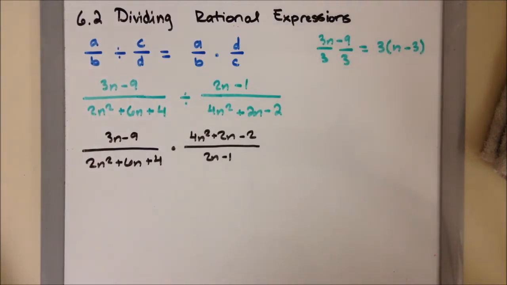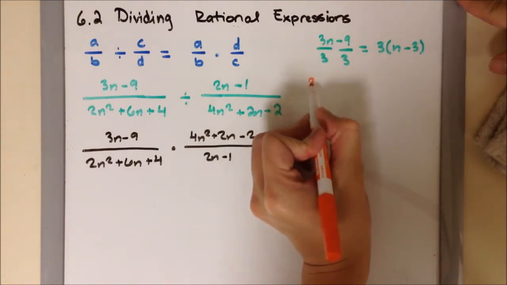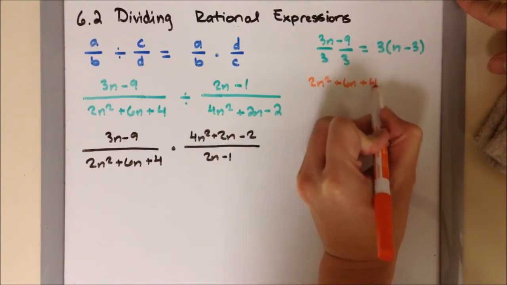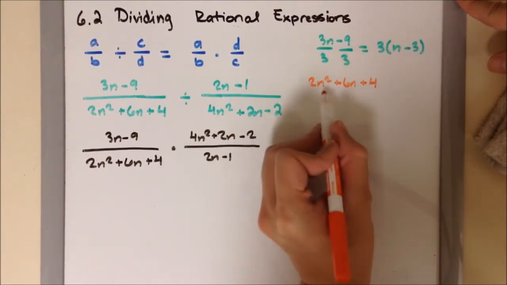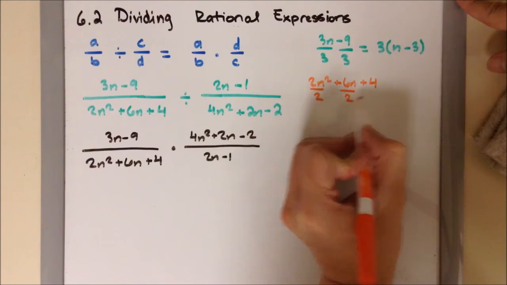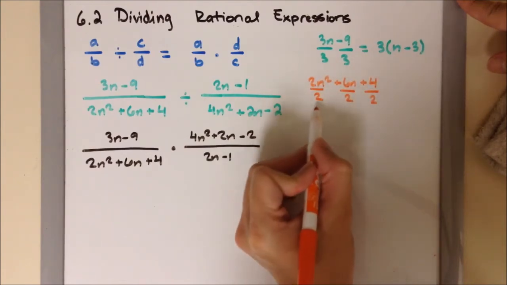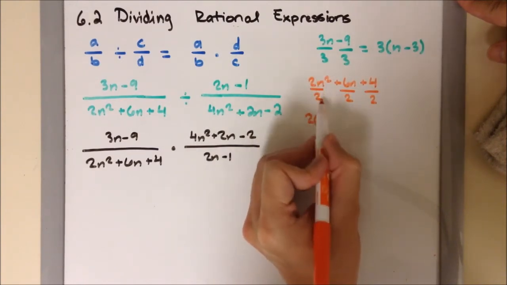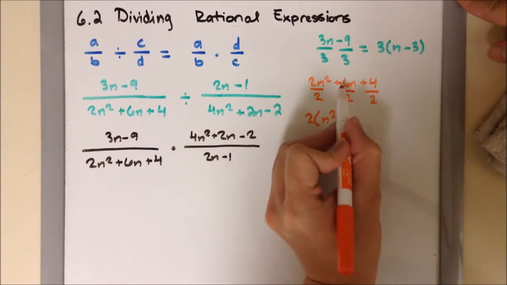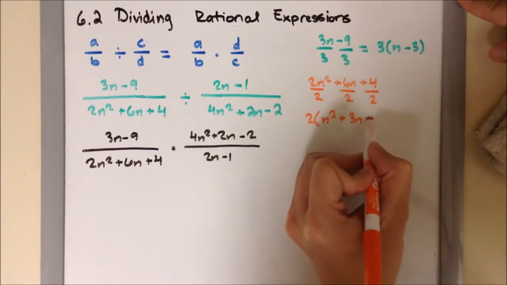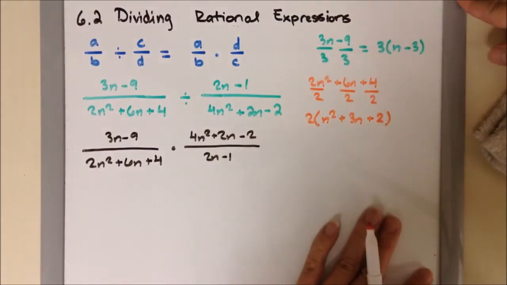Next, let's take a look at 2n squared plus 6n plus 4. There are three terms, and all three of them are divisible by 2. So I'm going to put my GCF, the greatest common factor 2, outside the parentheses: 2n squared divided by 2 is n squared, positive 6n divided by 2 is plus 3n, and positive 4 divided by 2 is 2.